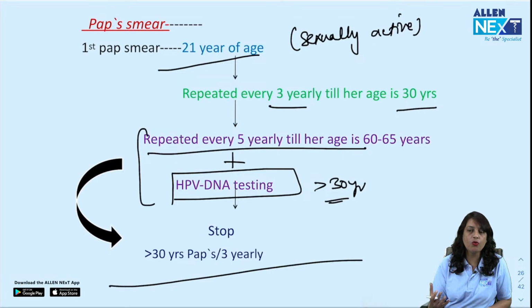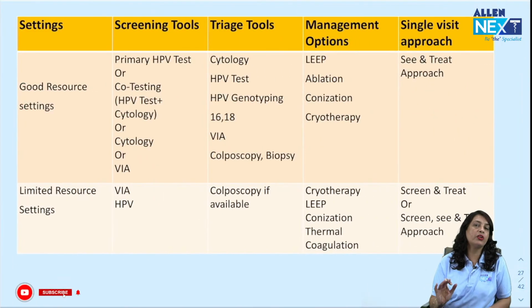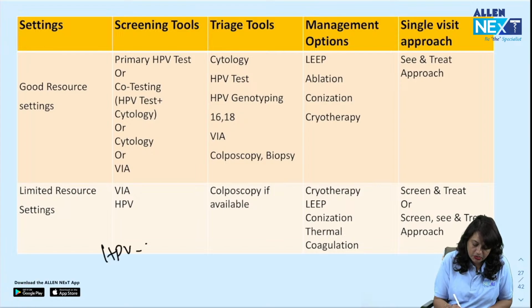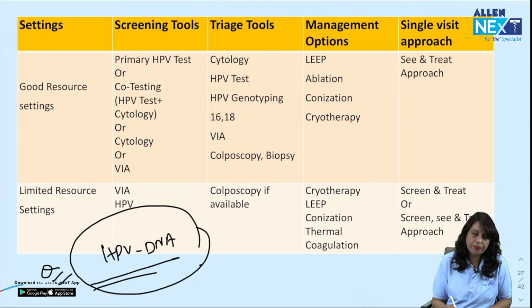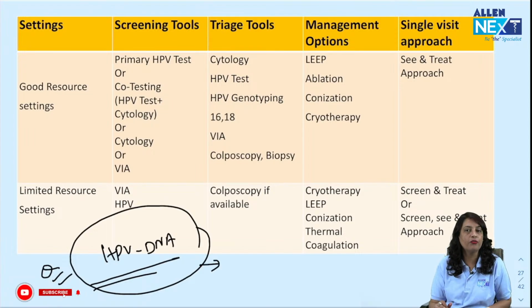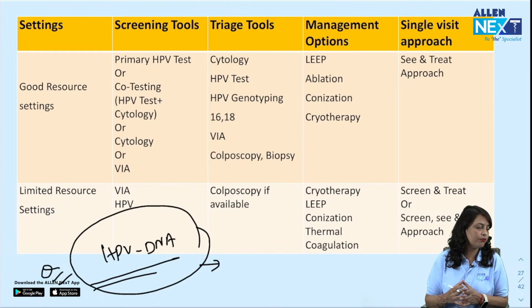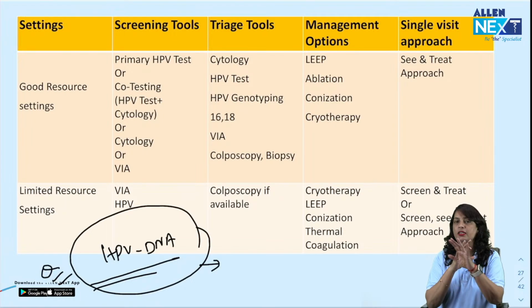But mind it, nowadays according to the WHO, in high resource countries, the best screening tool is HPV DNA. This is the best answer for screening against dysplasia or cancer cervix, doing the HPV DNA testing. Now students get confused that it is to be taken from blood. That is a wrong answer.